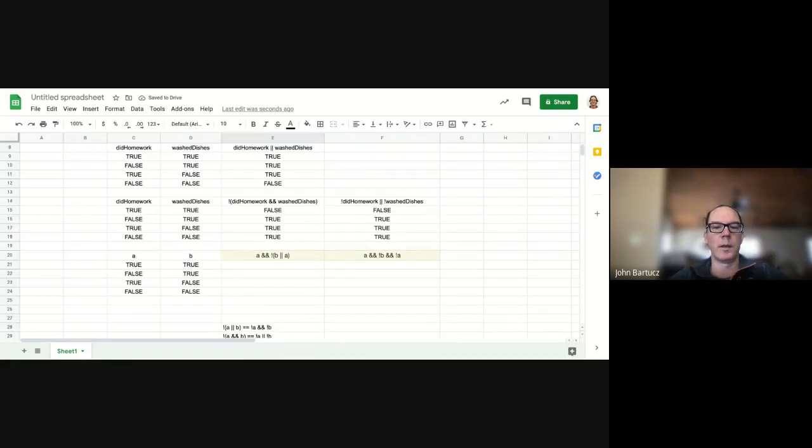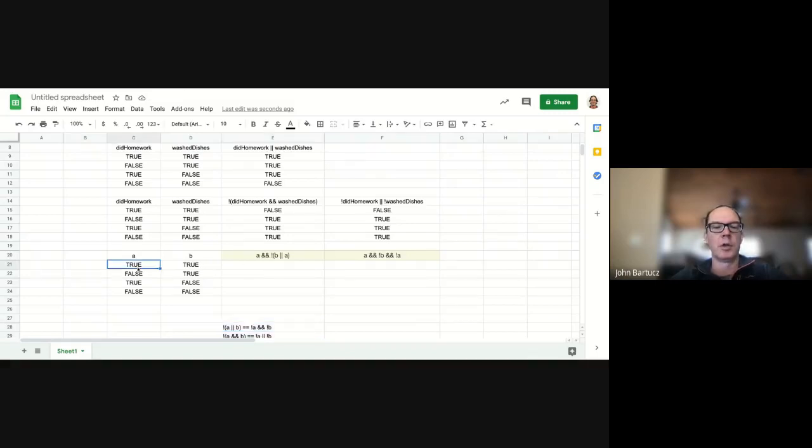But the point being, for this kind of question, the best way to go about it is just to make a little truth table.